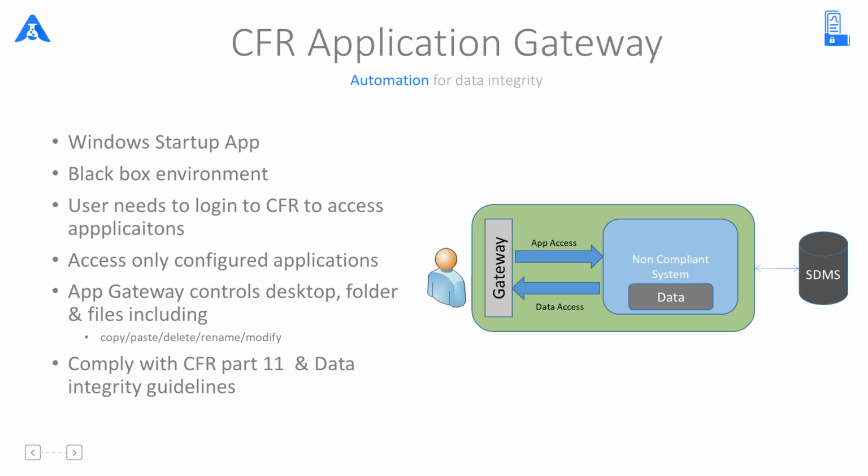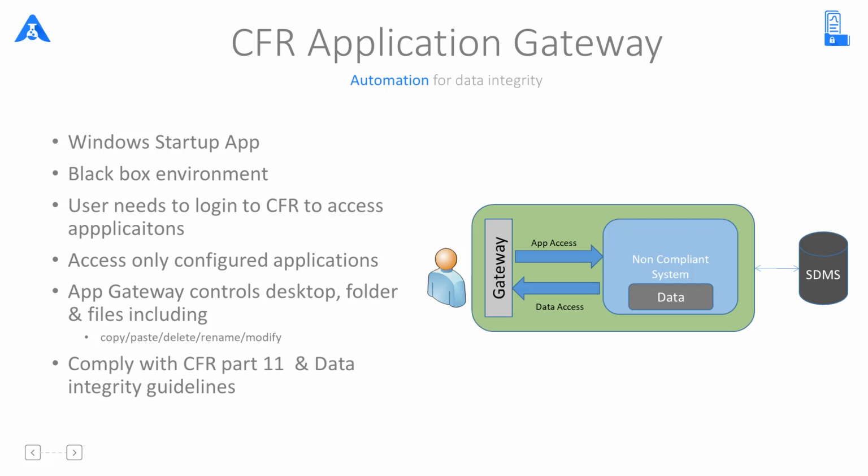Now we have provided specific access to specific applications. But coming to Windows controls like using the desktop, using Windows Explorer to explore the folders and files, using standard Windows functionality like copy, paste, delete, rename, modify, move, all those functionalities are very risky with respect to data integrity. CFR Gateway brings in control over all these special Windows functionalities which otherwise need to be controlled by hardening Windows.